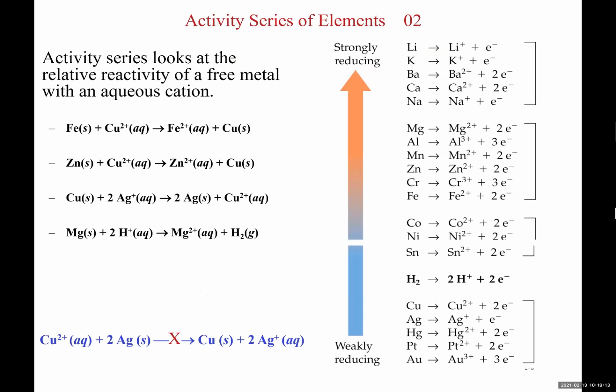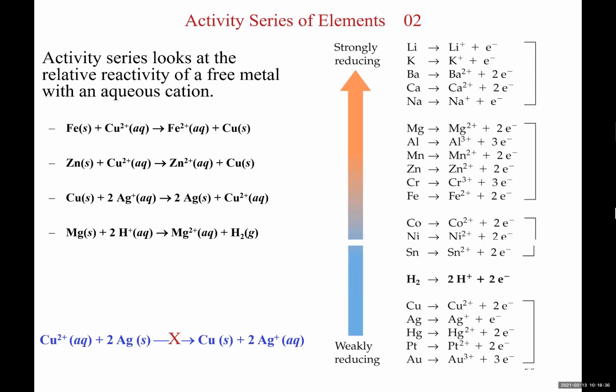So I'm going to use this table. We are asking you to compare the relative activity, the relative ability to donate electrons, and decide which one of these reactions is going to happen spontaneously and which one is not going to happen.